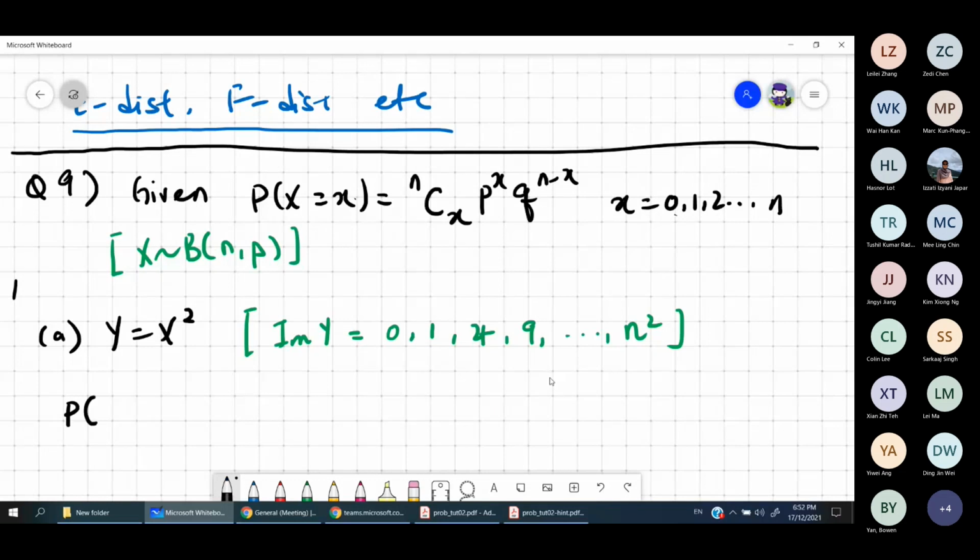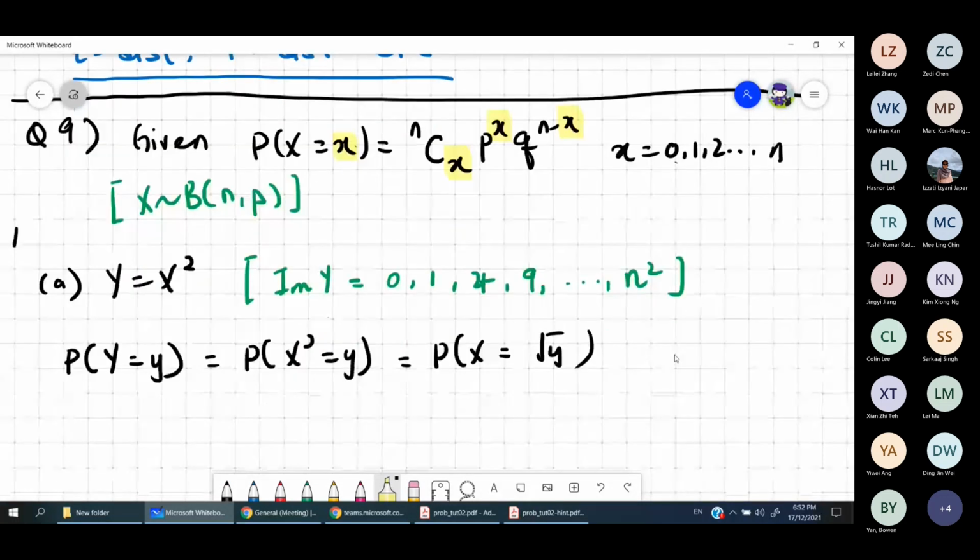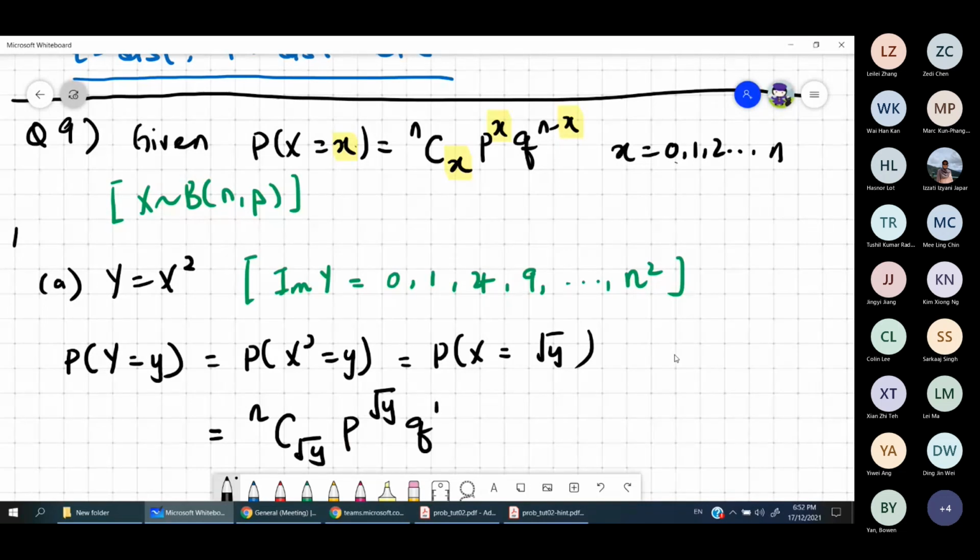Then you can see P of Y equals small y. That means x squared equals y, or P of x equals square root of y. So what you need to do is replace your x with the square root of y. So this is just equal to NC square root of y, P to the square root of y, and then q to the n minus square root of y.